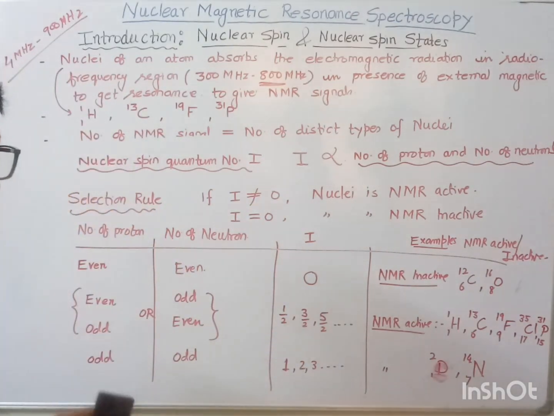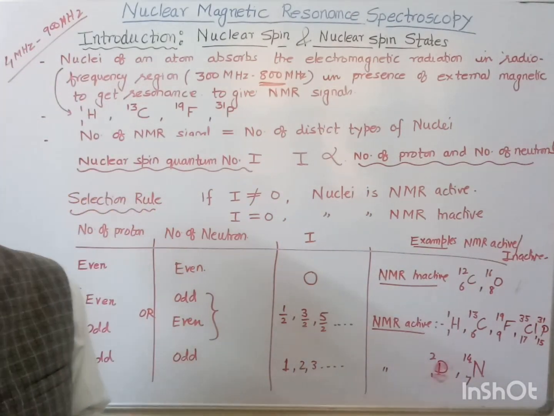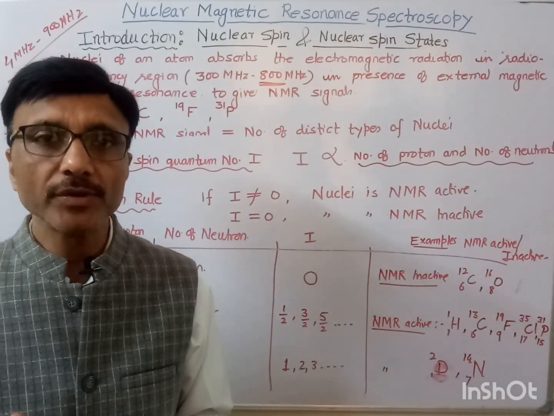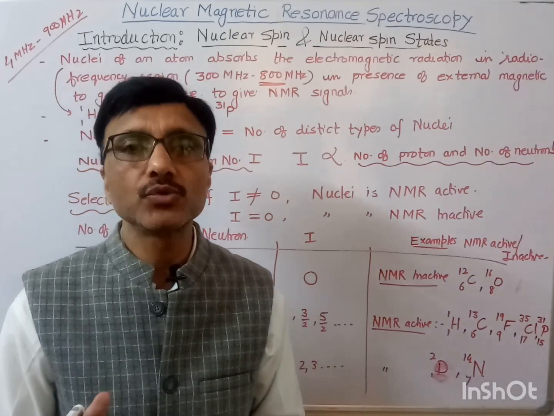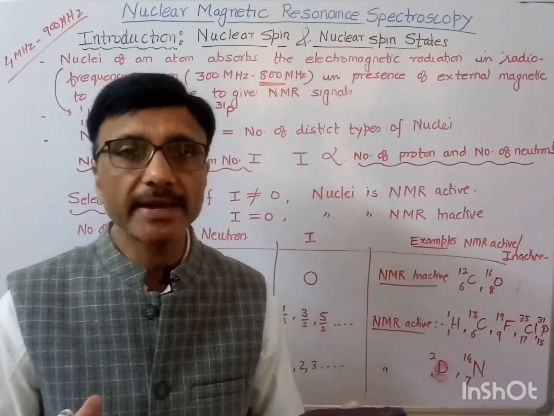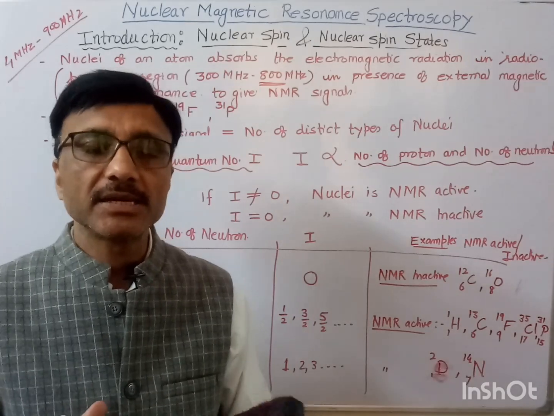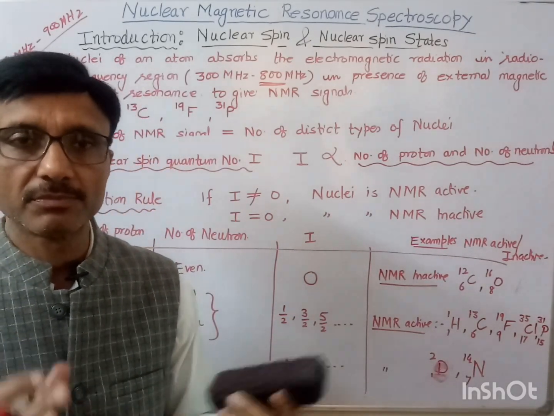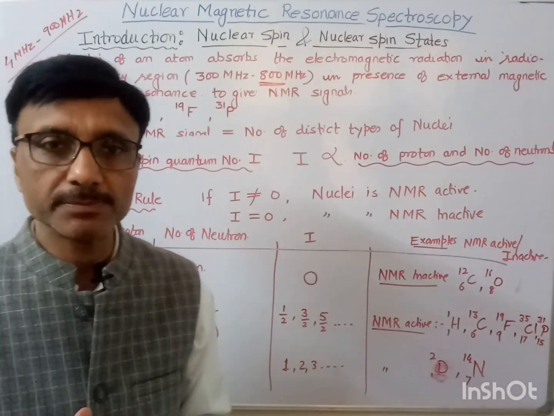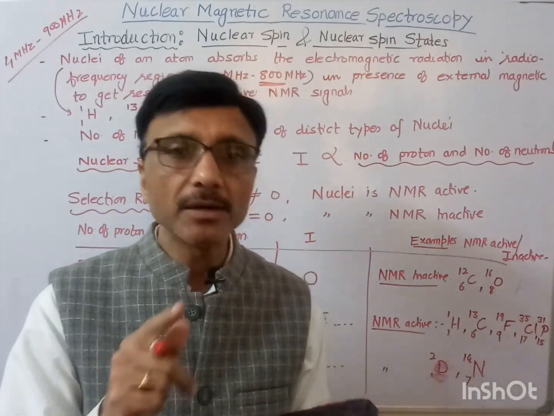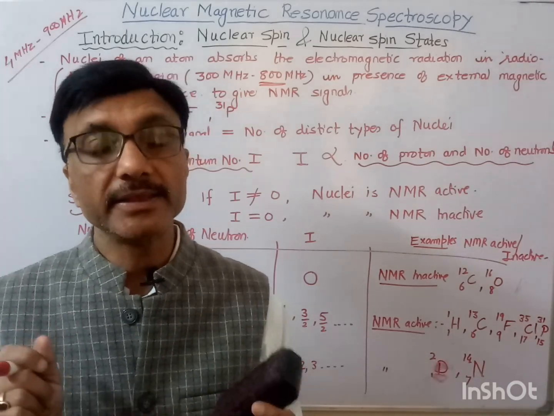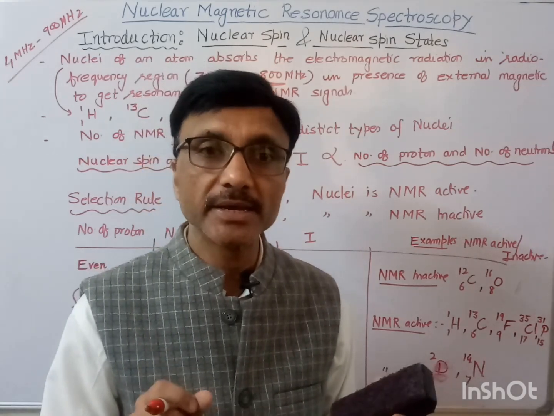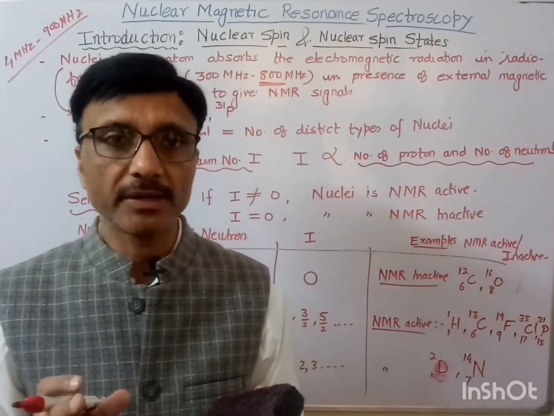Now, what I told you: the nuclei are spinning like that of electron, and they spin in a random direction. But once we apply a magnetic field, the orientation of nuclei is fixed, or we can say they have a fixed direction of spinning.